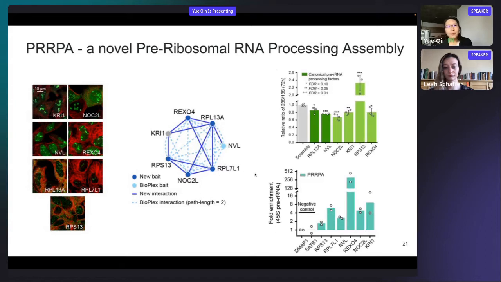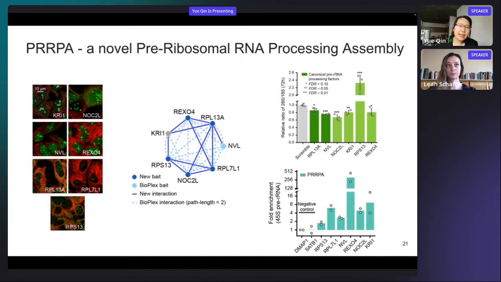We suspect that this assembly participates in pre-ribosomal RNA processing, based on the known function of some of its members, on some putative ideas from high-throughput genetic screens, and on pathology functions of the protein members.